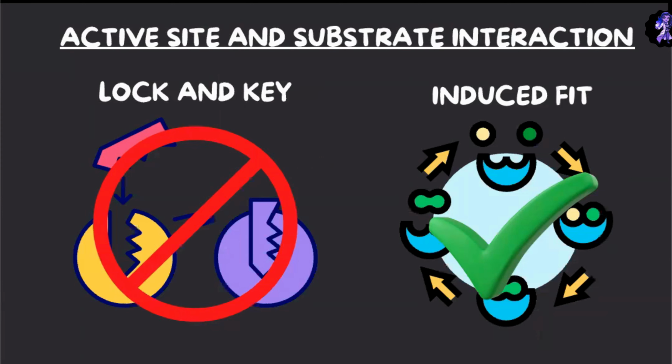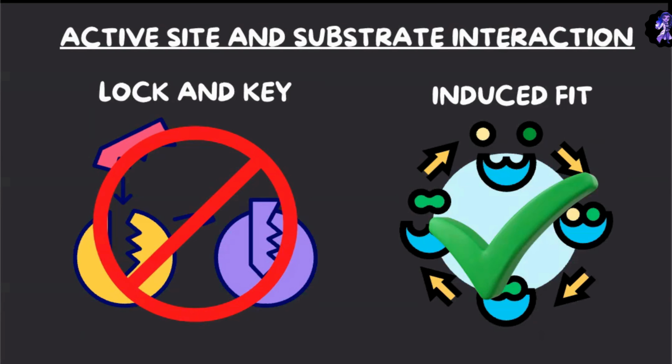There are two different theories, or two different ways in which enzymes were previously stated as working. The first one is called lock and key, which we don't accept as true anymore. Now what we accept is what's called the induced fit model.